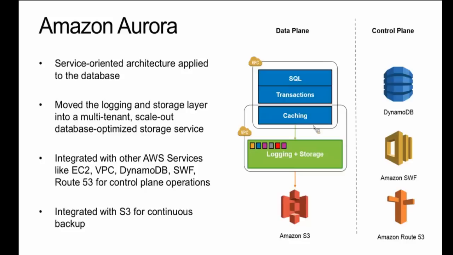We've done a bunch of re-architecting of the storage layer. We've moved the logging and storage layer out of the database instance itself and down into its separate storage service. This allows us to do scale out much more easily and allows us to make the data highly durable and available without having to impact the primary database.